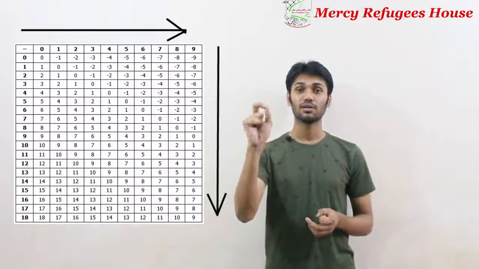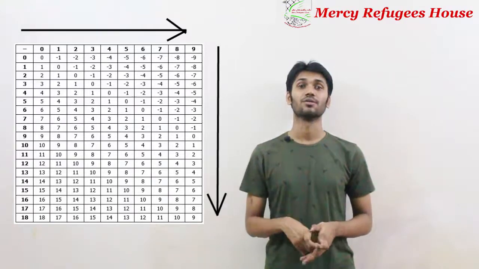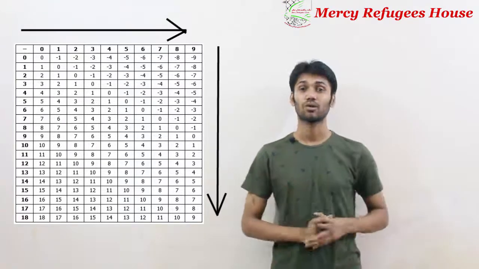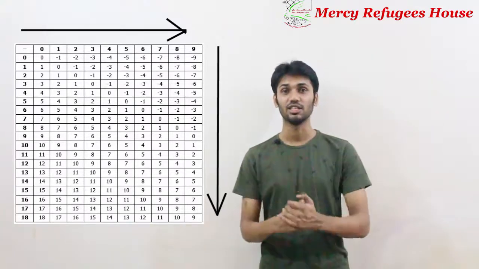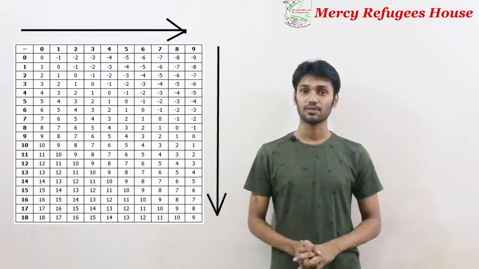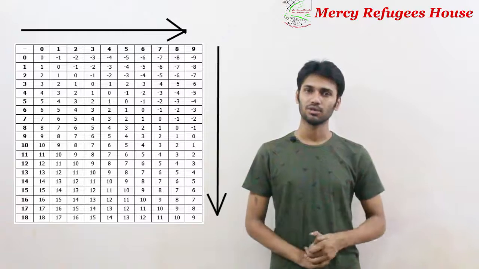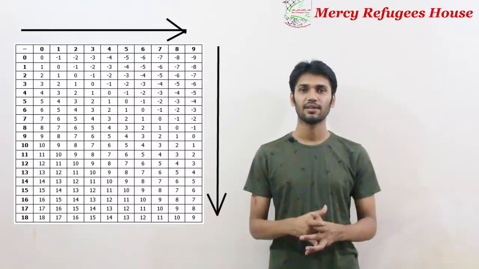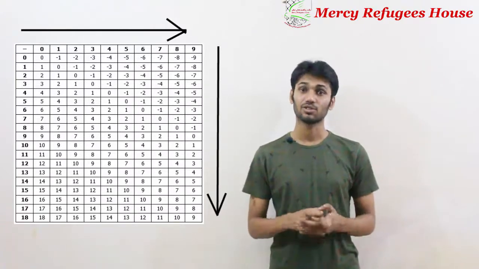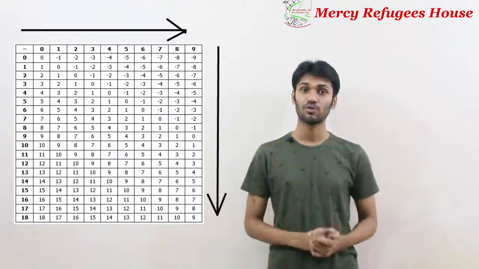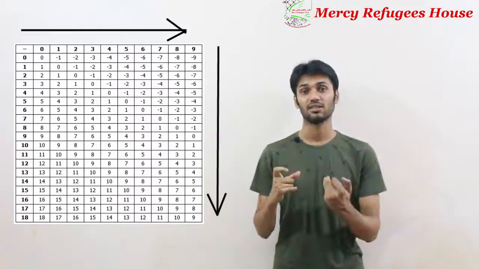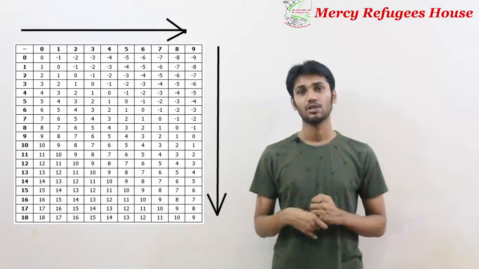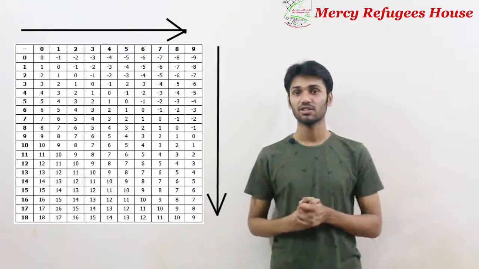Like I'm doing the middle one, 10 minus 0 equals 10, 10 minus 1 equals 9, 10 minus 2 equals 8, 10 minus 3 equals 7, 10 minus 4 equals 6, 10 minus 5 equals 5, 10 minus 6 equals 4, 10 minus 7 equals 3, 10 minus 8 equals 2, 10 minus 9 equals 1.